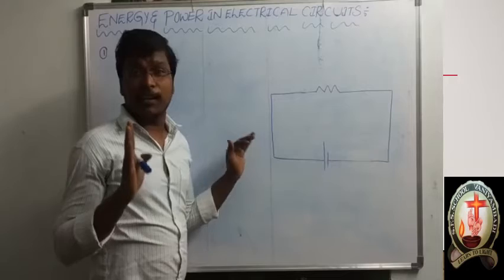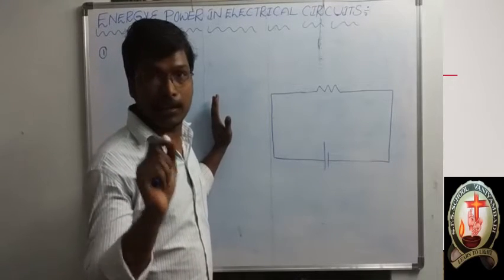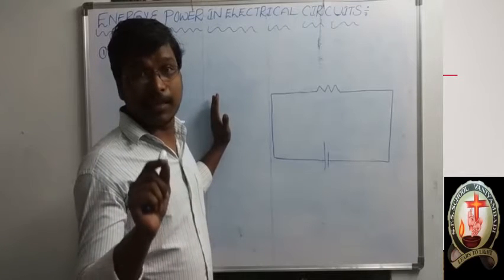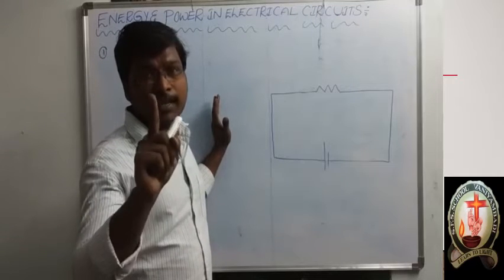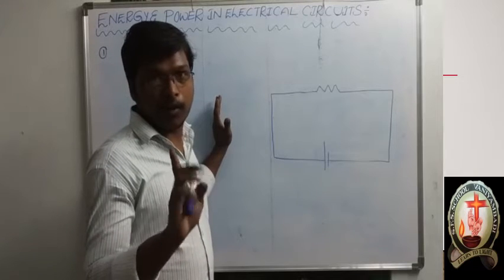let us consider an electrical circuit. That electrical circuit has one resistor and one battery.